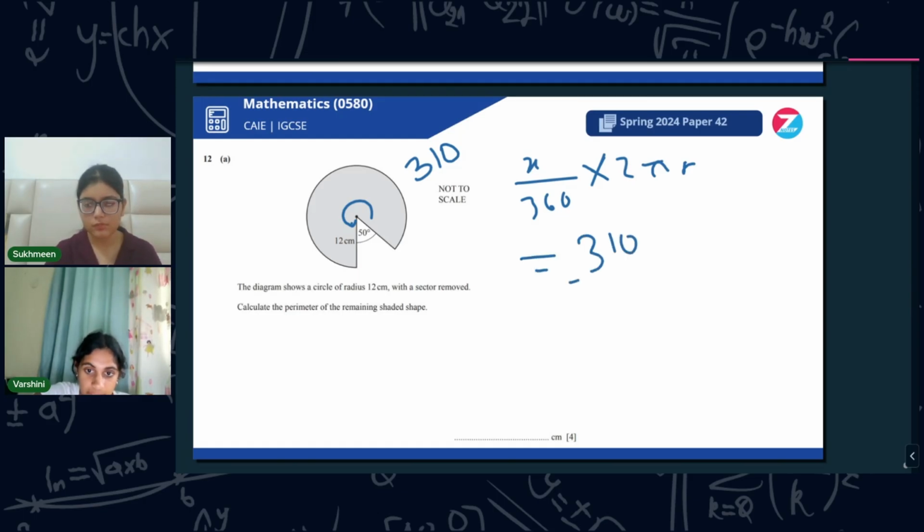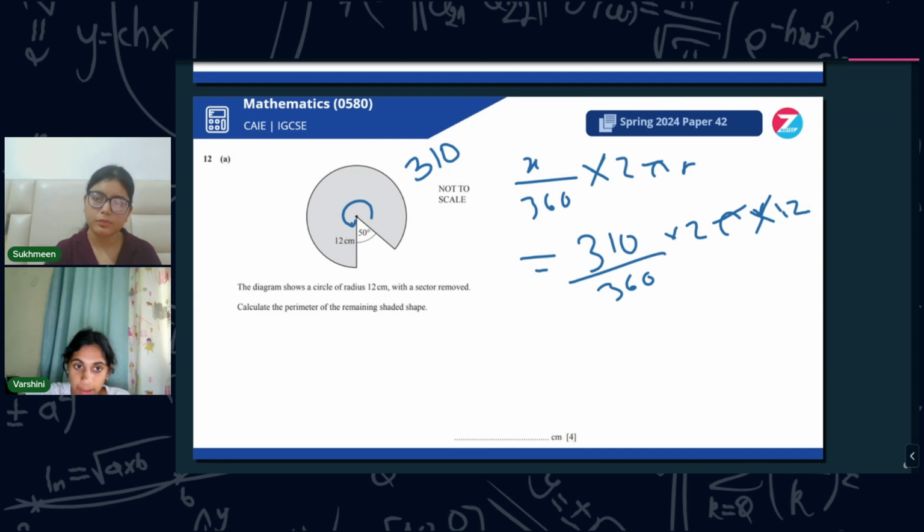So we do 310 by 360 into 2 pi r, and over here r is 12, so we can write this as 2 pi into 12. Now just put this straight in your calculator and use the pi button. 310 divided by 360 into 2 pi into 12, and you should get 62 by 3 pi.